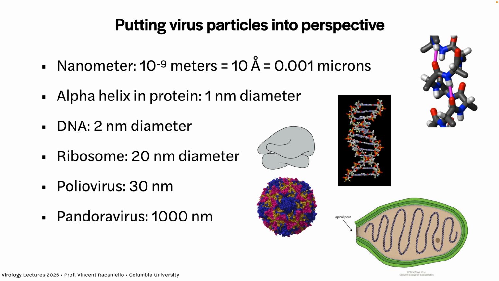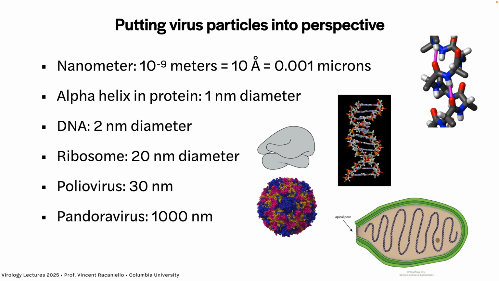A little bit of size here, just to put things into perspective. We use terms like nanometer, right? 10 to the minus 9th meters, which is the same as 10 angstroms, which is the same as 0.001 microns. We'll use these terms. I like to use nanometers a lot. So for example, an alpha helix in protein, which is shown in the upper right, is a nanometer in diameter.